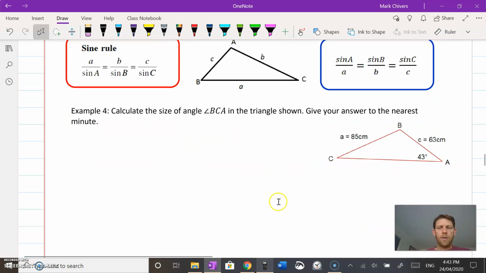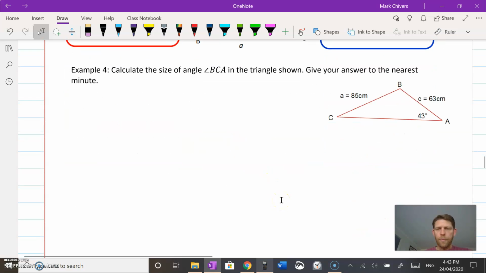Okay, so just to see that in action, here we have one side and a matching angle, and we have another side, but we don't know the matching angle. But we know 3 of the 4 things we need to use the sine rule, so let's use it.